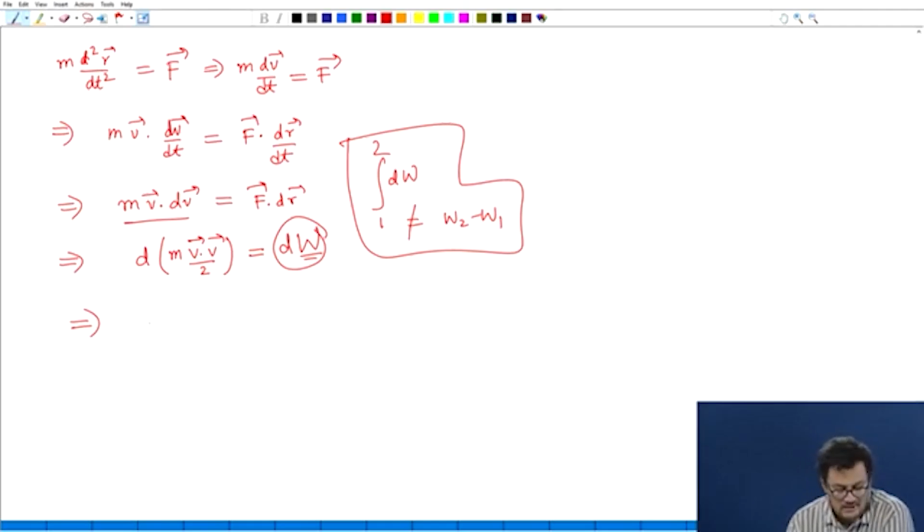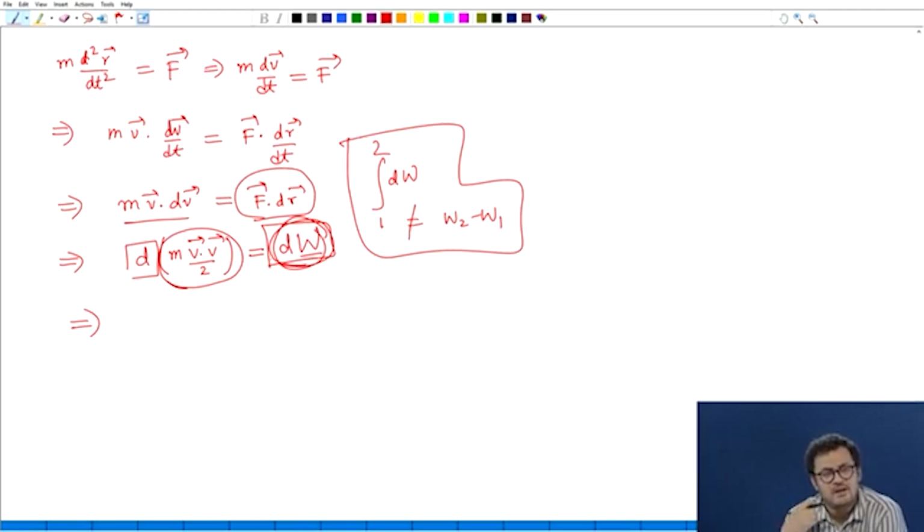Now, you see that this simply says that this quantity, as we know, by concept is the work done on the system, and this quantity is what I call the kinetic energy. So, any change in the kinetic energy is equal to the change in the work done.